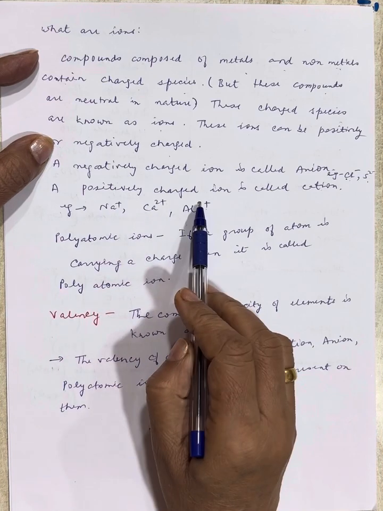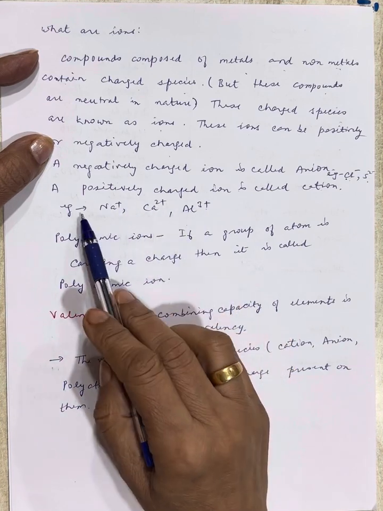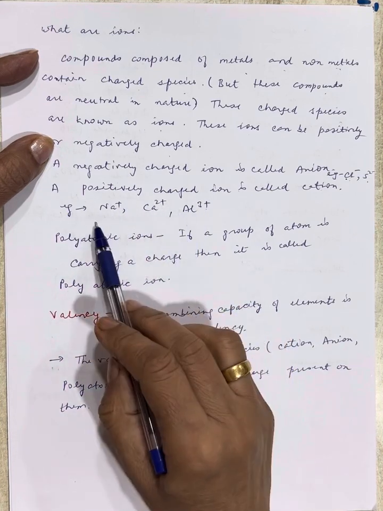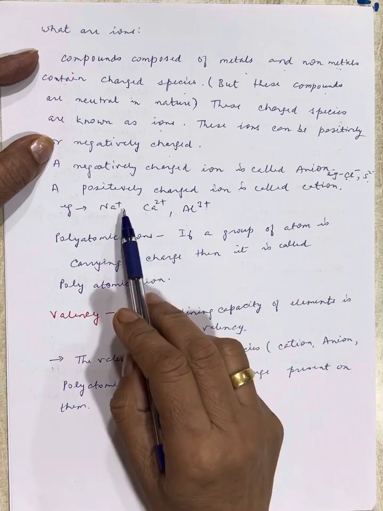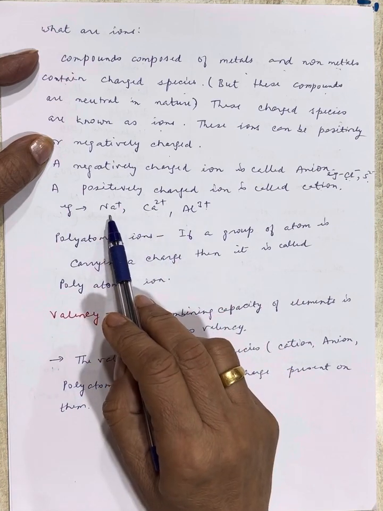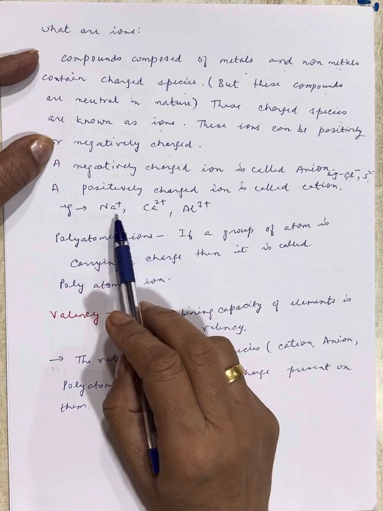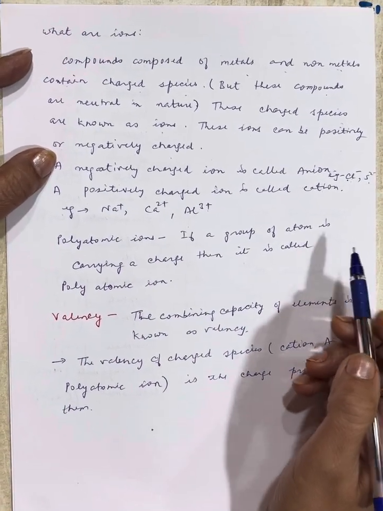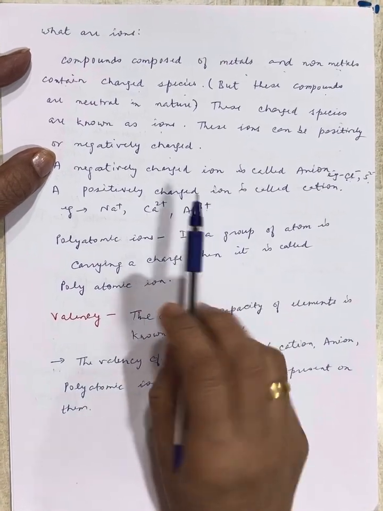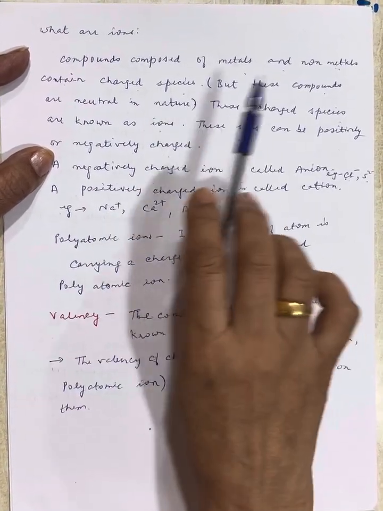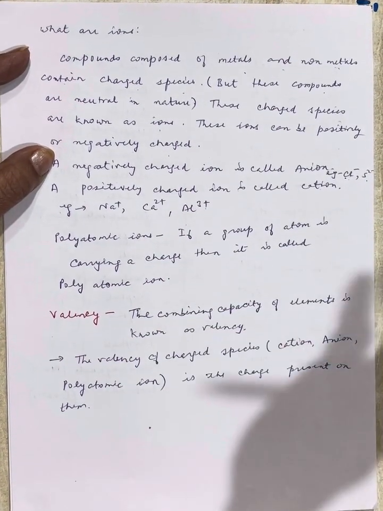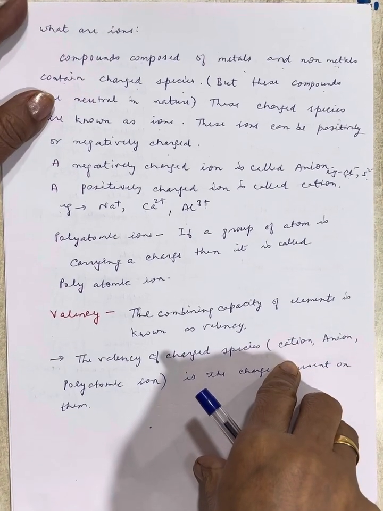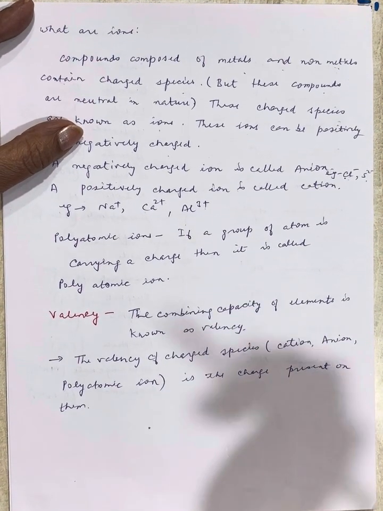How much charge they carry depends upon their structure and their atomic number, and we can learn that in the next class. So these are ions, positively and negatively charged, and when combined they form a neutral molecule like NaCl.